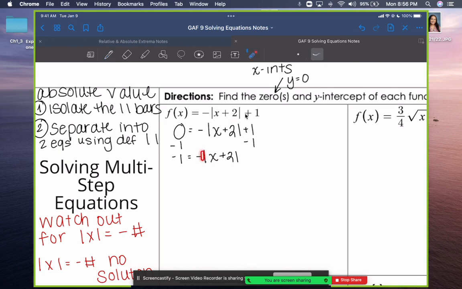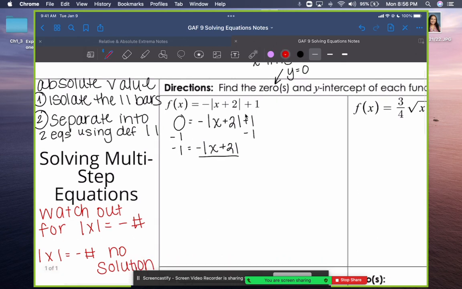Remember, when there's not a number here, we can assume there's a 1. So I'm going to divide by negative 1 on both sides. That'll allow me to cancel out these negatives along with these here. So I'm going to bring down that 1. And now I have isolated my absolute value bars, which is what I wanted.